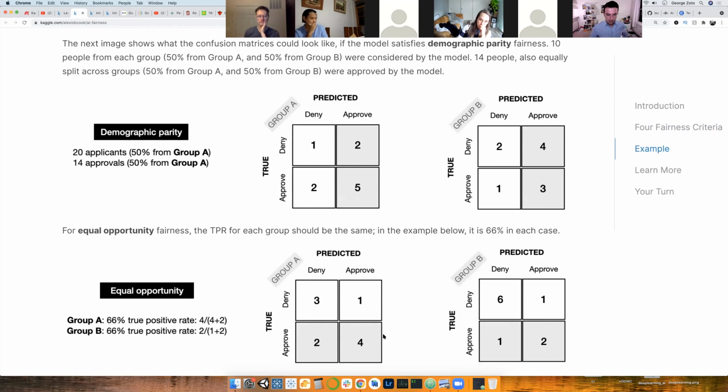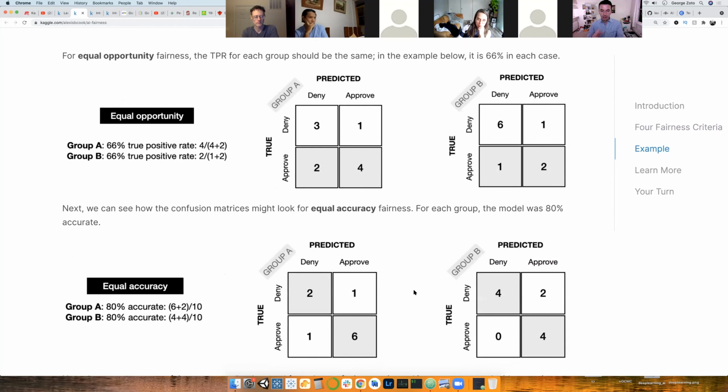So in this case, we have 4/6 or 66% true positive rate. In this Group B, we have 2/(2 plus 1), and again, 66%. So with respect to the equal opportunity metric, we're being fair as well. We're not discriminating Group A versus Group B.